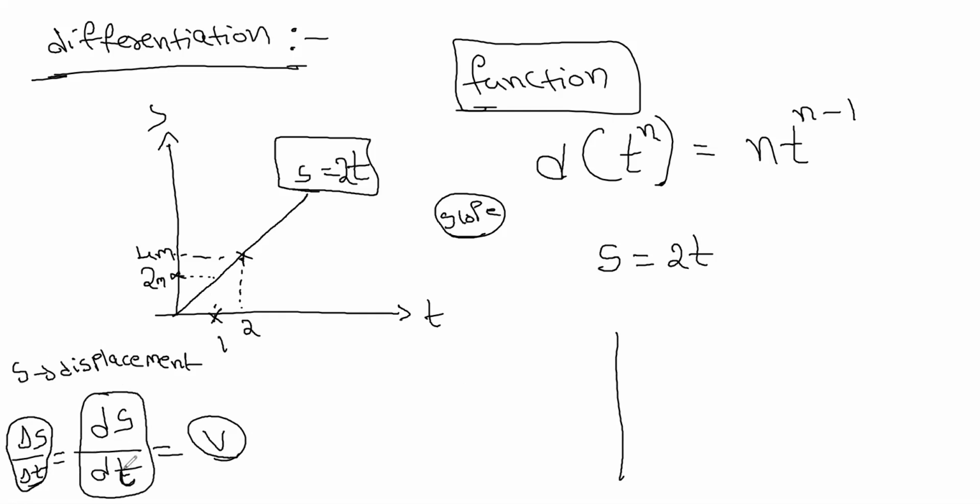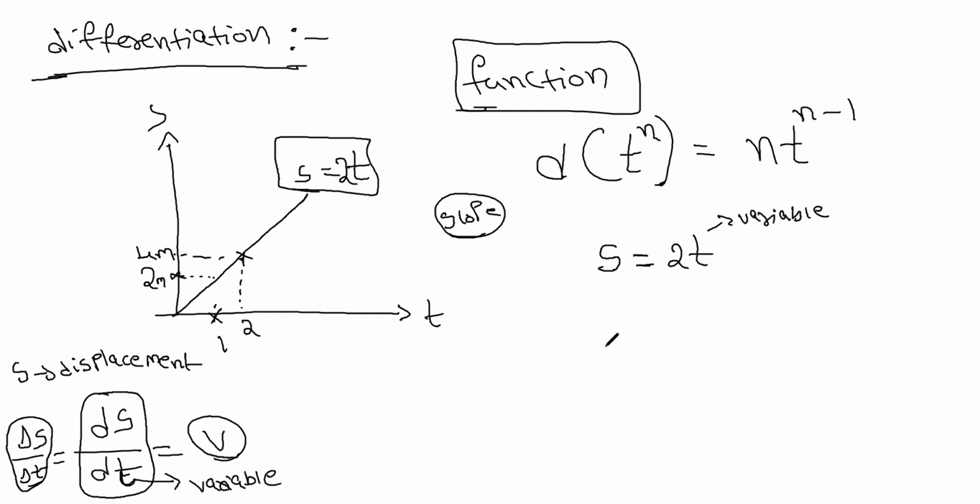Differentiation with respect to t means t is the variable here. So you have to represent s in terms of t: s equals 2t. Here t is the variable, correct?